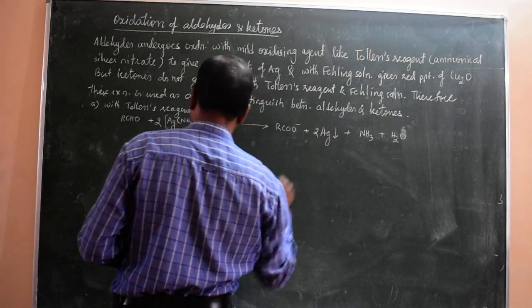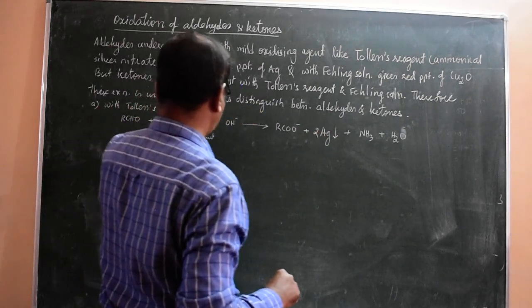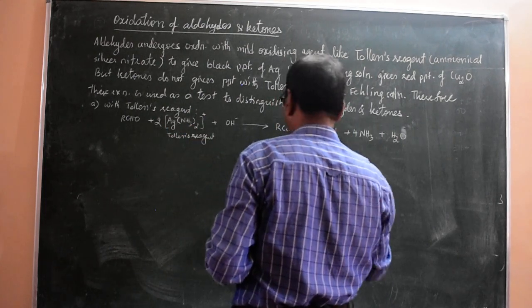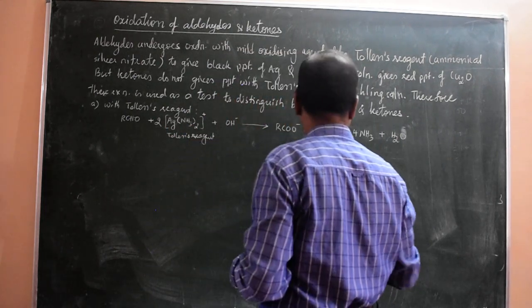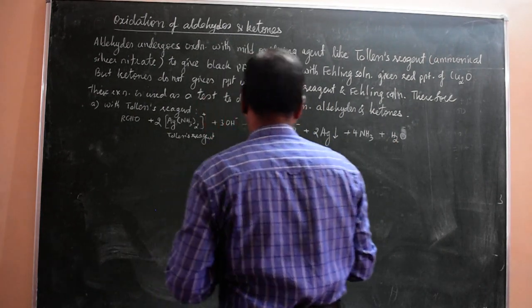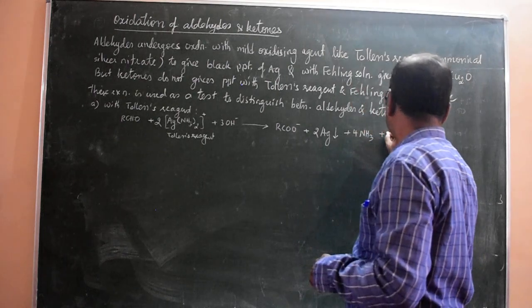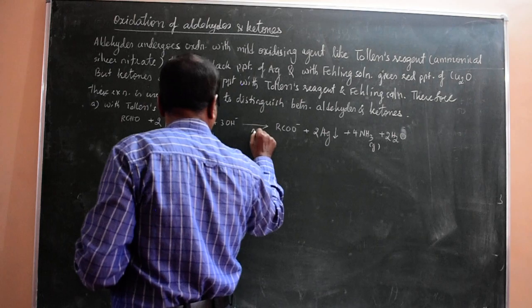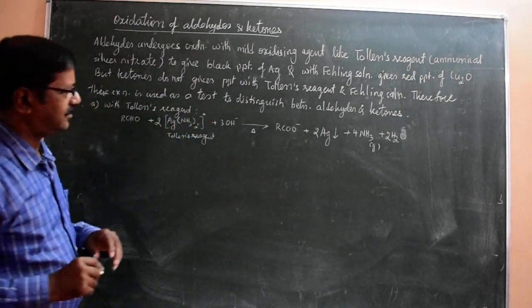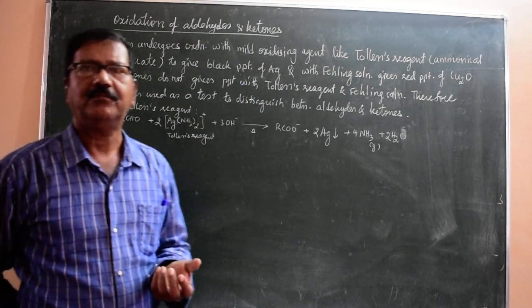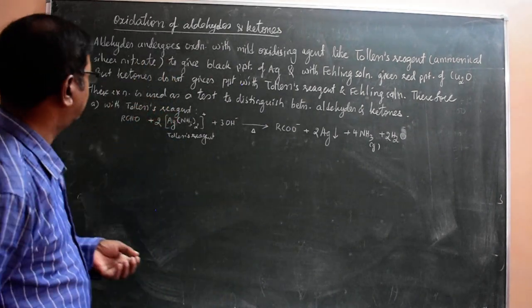The number of nitrogen or NH3 becomes 4, so it's 4 NH3, and in order to balance the oxygen you have to write 3 here, so it must be 2H2O. This is a gas. So usually you are heating this mixture to get the black silver mirror, or it's a black color precipitate.